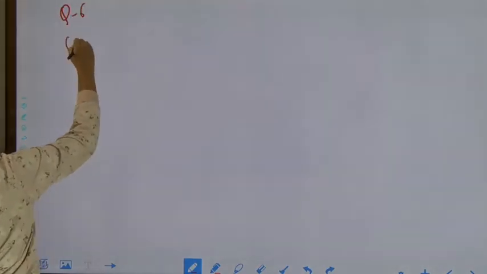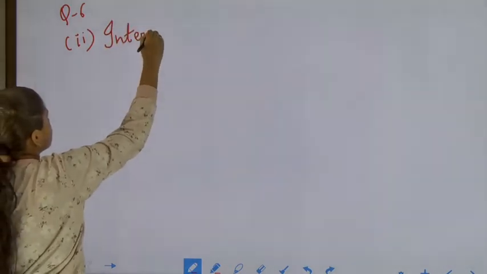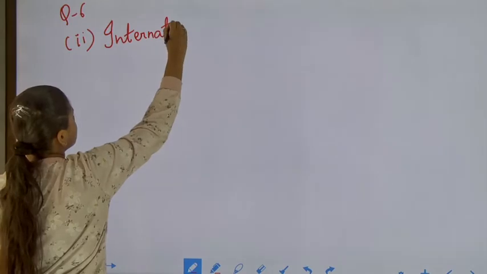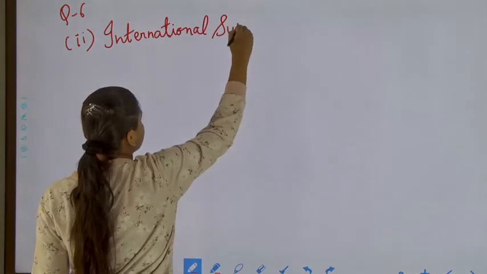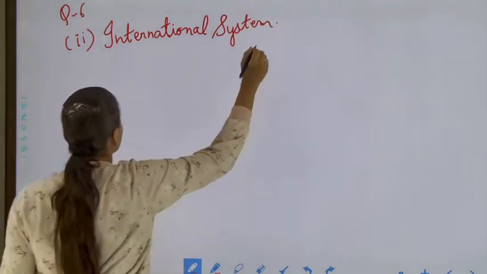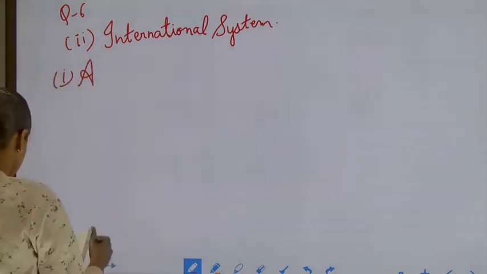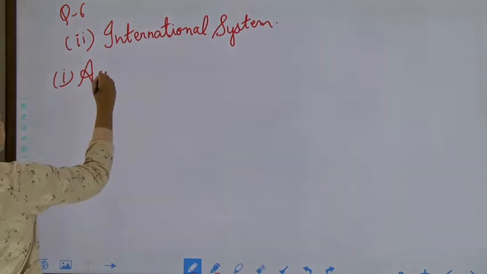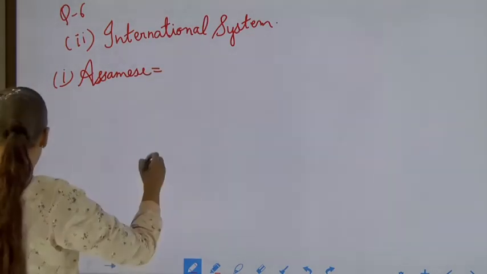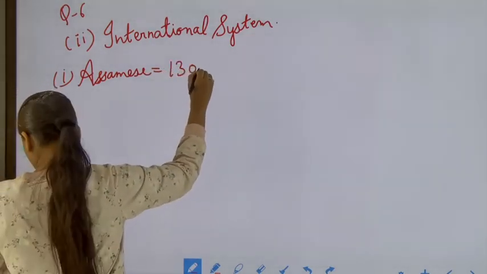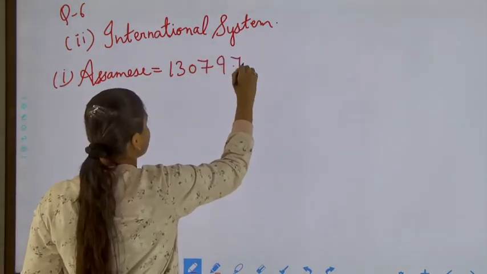Question 6, second part, that is international system. First one is Assamese. 13,79,798.